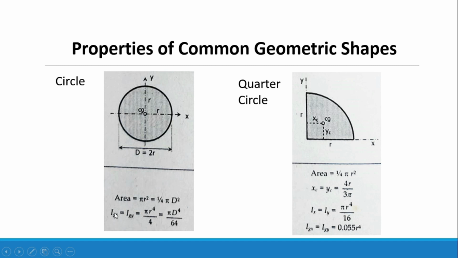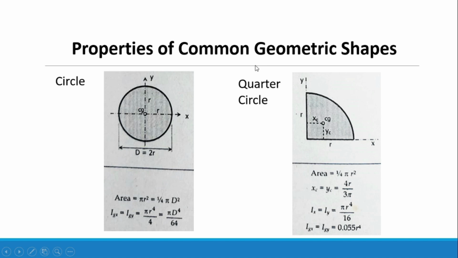And I gx is also equal to I gy, which is equivalent to pi r to the fourth all over 4. In terms of diameter, it is pi d to the fourth all over 64. So you can use this area and the moment of inertia. What about the centroid? The centroid is always at the center of the circle.